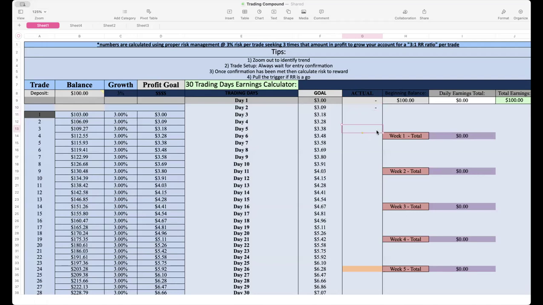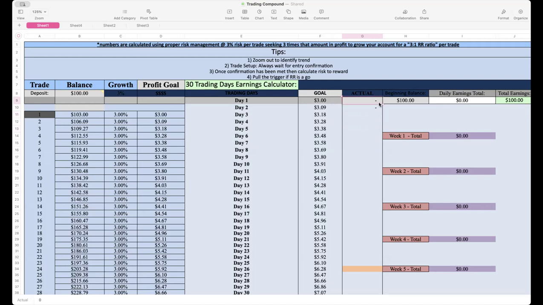That's the end of the week. It's going to give us the total for the week. There are 5 sections in here for 5 days. That is not including Sunday. So do not trade on Sunday.